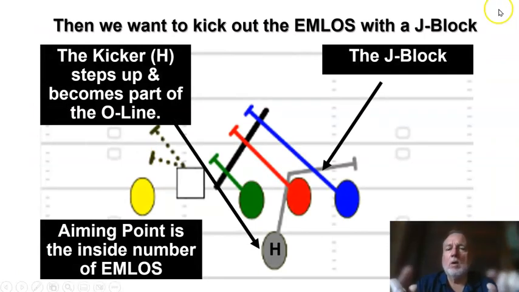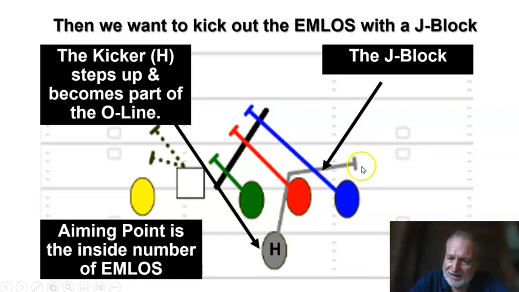All right. After we create the wall, we want to kick out the end man on the line of scrimmage. It's usually the DN or walked up outside linebacker with a J block. And I call it that because it looks like a J when you draw it. And this is how we block it. The aiming point is the inside number of the MOL.